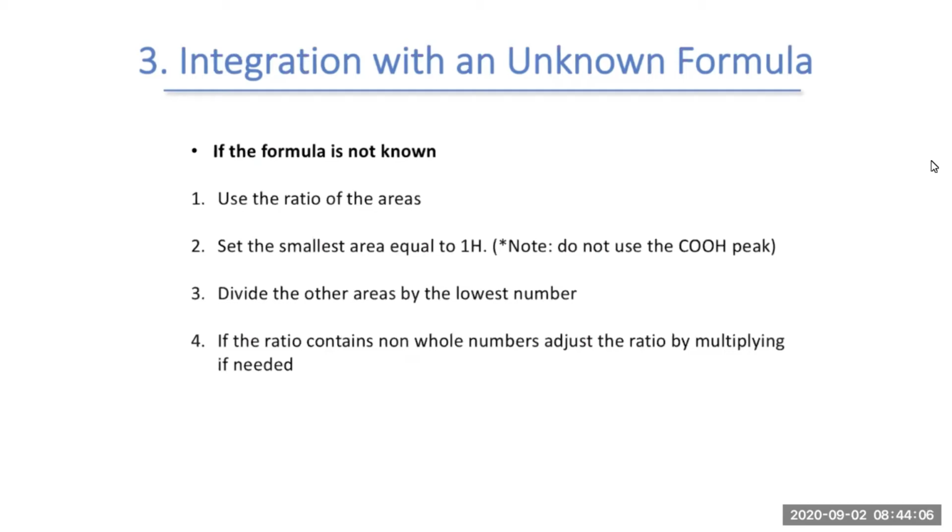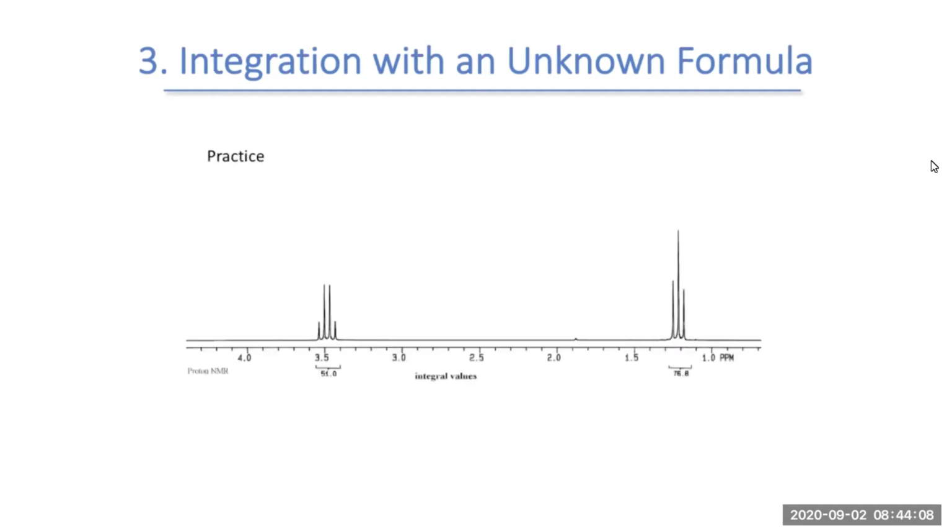So now let's look at an example of this. If I look at my NMR here, I can see I don't have a formula, but I have areas under the peaks. I have 51.0 and 76.8. Now note your compound will not have 51 hydrogens or 76.8 hydrogens of any given type.